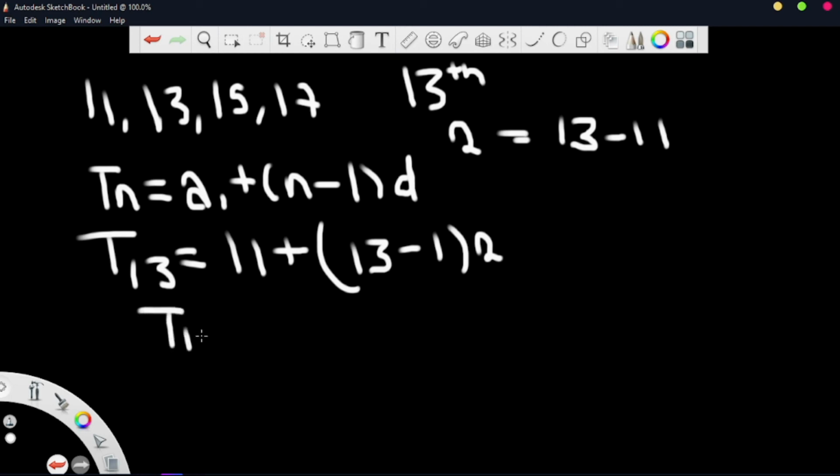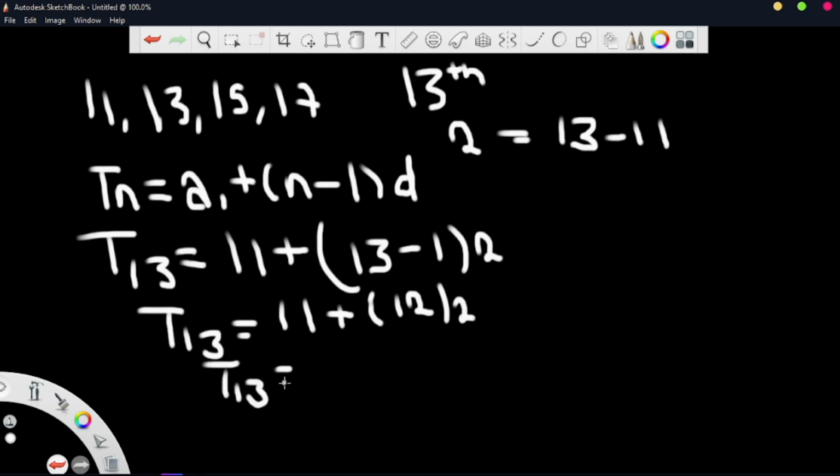So my t of 13 will be equal to 11 plus 13 minus 1, that is 12, times 2. So my 13th term will be equal to 11 plus 24. So my t of 13 is equivalent to 34.